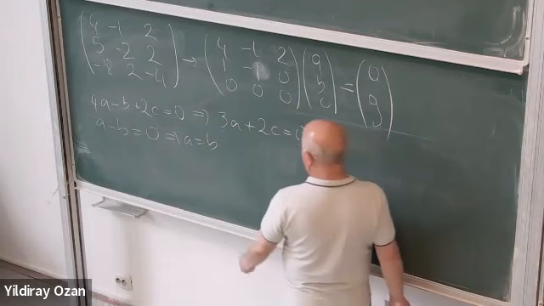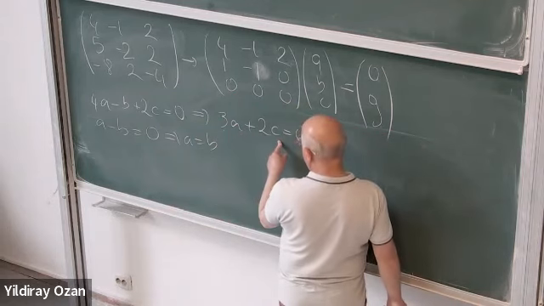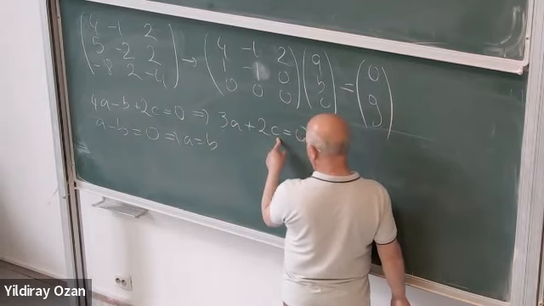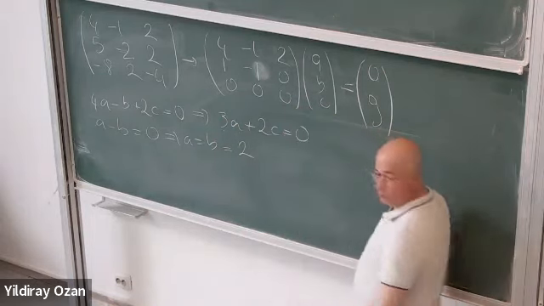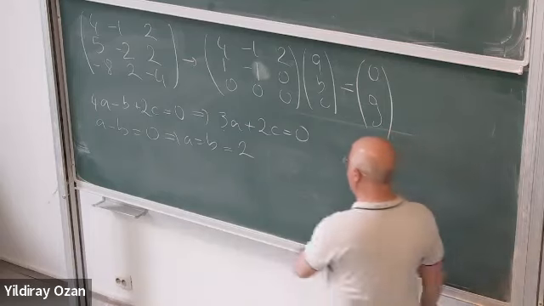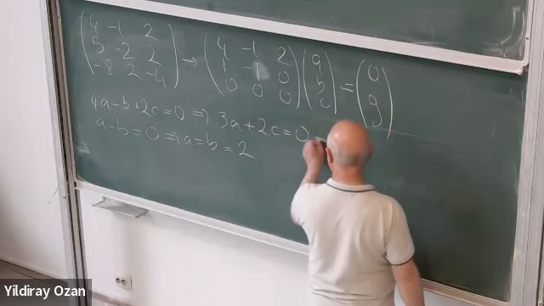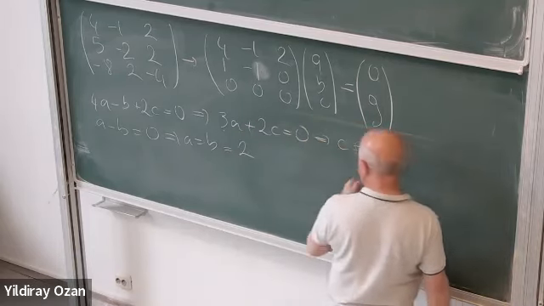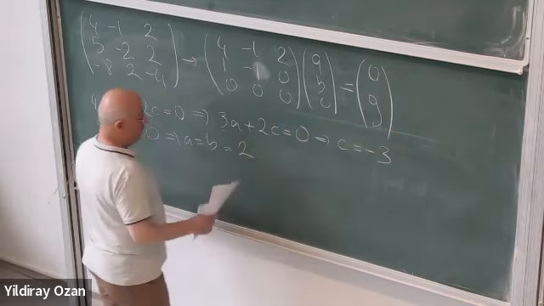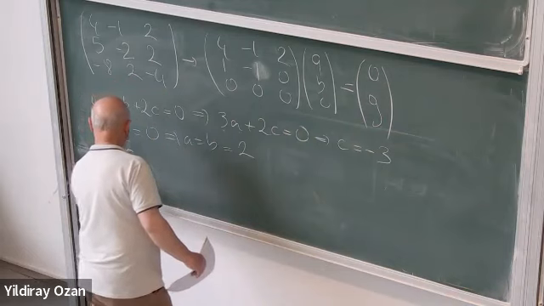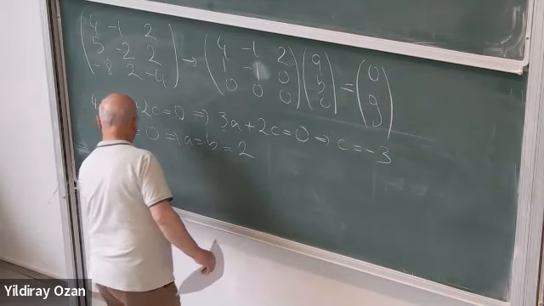Let's do this: let's not choose a and b as 1. If we choose 1, c will be 1.5. Let's choose them as 2. Then this is 6, so c equals minus 3. So I can just choose my vector to be 2, 2, minus 3.